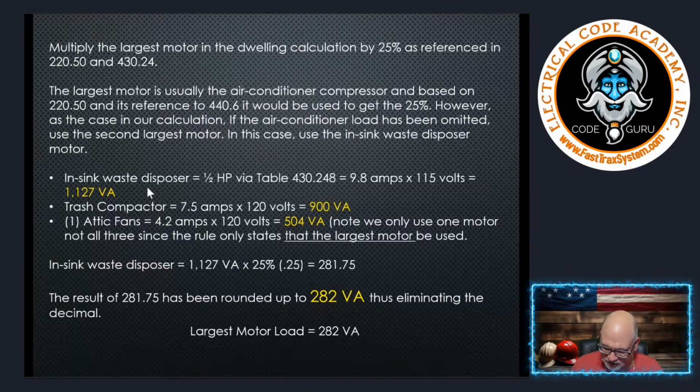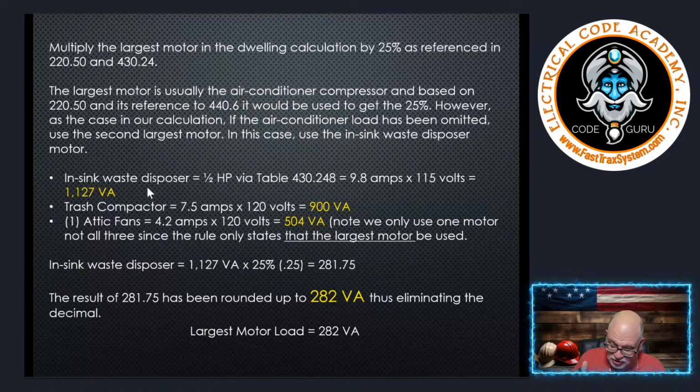So we need to add that as the largest motor. I'm going to write this down here. It's 282, and that is the largest motor. Now, also when it comes to the neutral, you still have to do the same thing. You have to do the largest motor. So 282 also applies because that motor is a 115 volt motor, so it does have neutral loads, right?